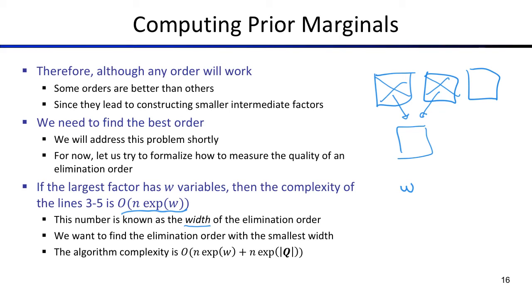The complexity of the algorithm will be this component that we have just discussed, plus one extra component that is the final multiplication that we needed to do in order to get the final answer. So we eliminated the variables, but as we are interested in answering a query over a set of variables Q, at the end we may have a small number of factors, depending on how many variables we have in Q, that we need to multiply together in order to have a final answer.